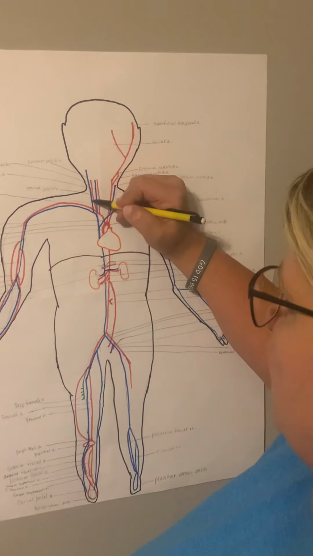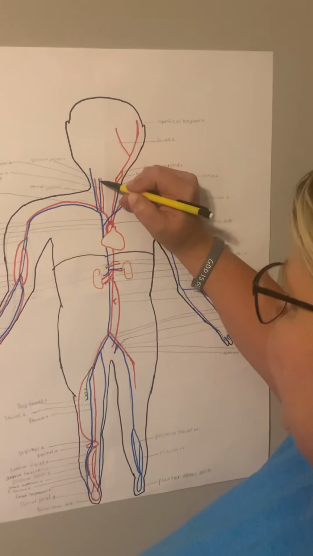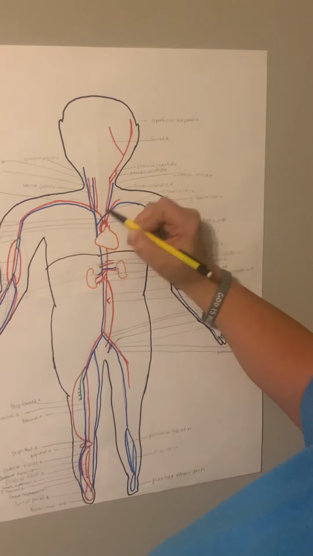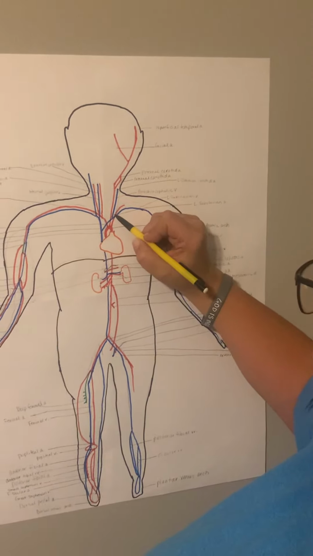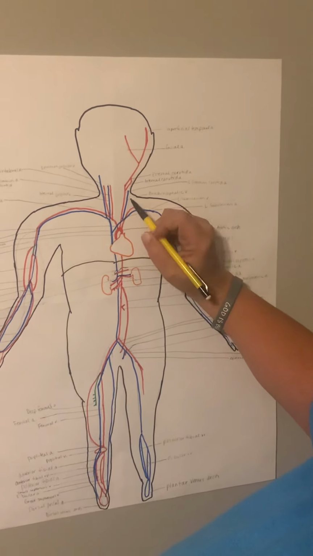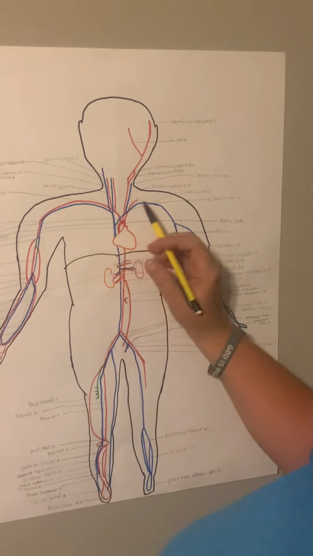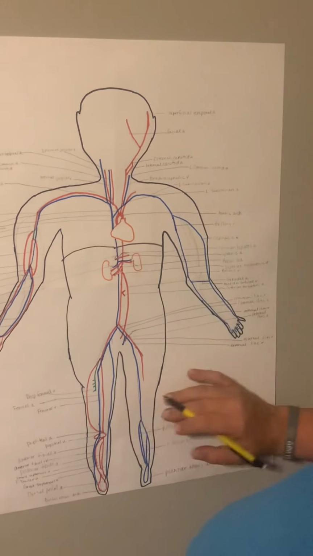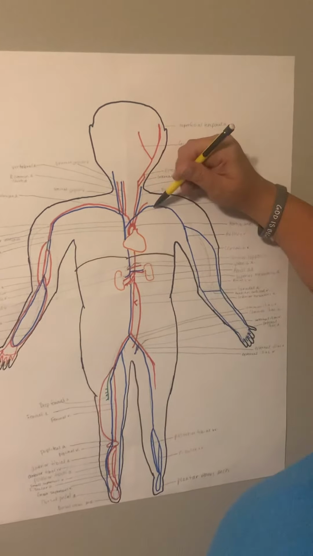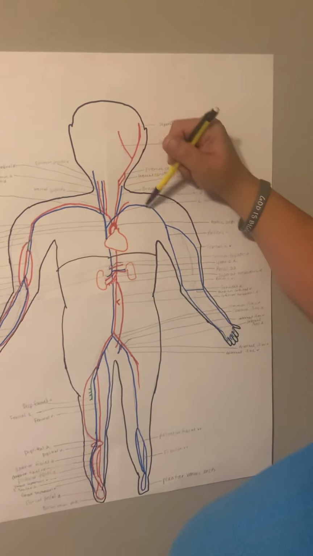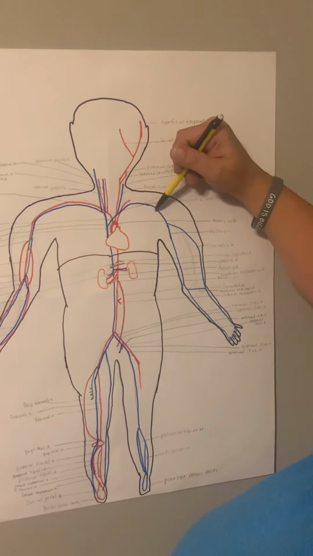You have your external jugular vein as well as your internal jugular vein, and then coming from the other side, you have your brachiocephalic vein. And then again, just like I did at the bottom, I've got some more on the left side just to help. You have your subclavian veins. You would have the right over here, the left here.